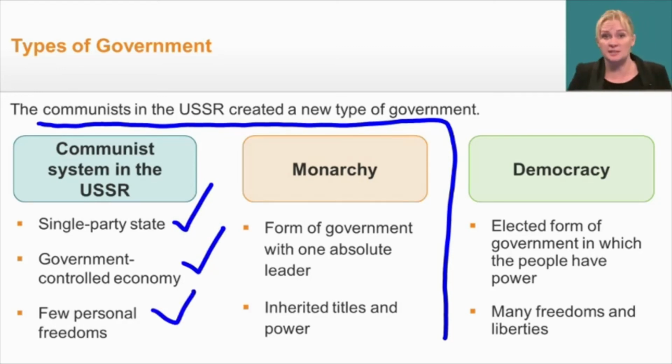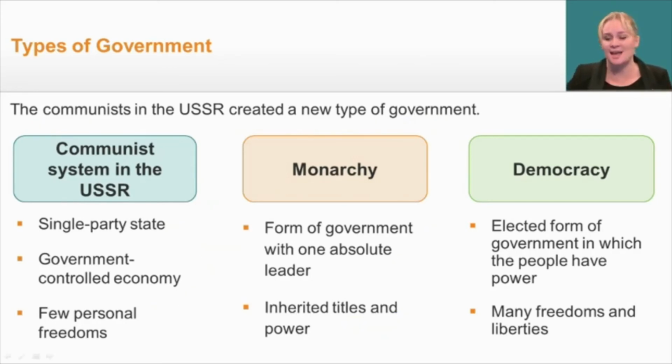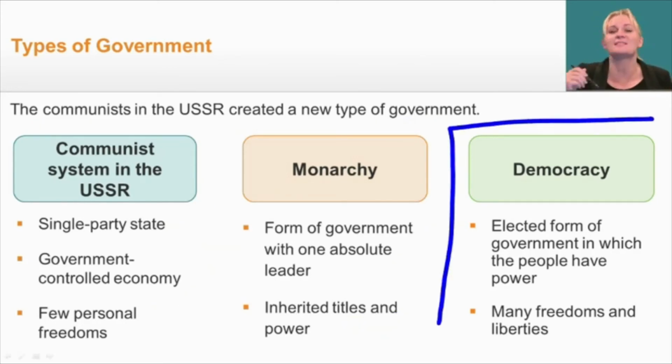What they used to have under the Tsar was a monarchy, a form of government with an absolute leader, the Tsar, who would inherit titles and powers. Now let's compare that to the United States. In the United States, we have a democracy, an elected form of government in which the people have the power, and we experience many freedoms and many liberties.